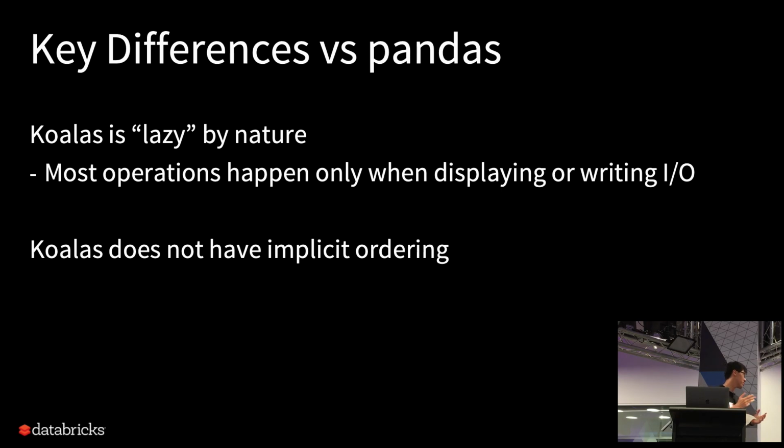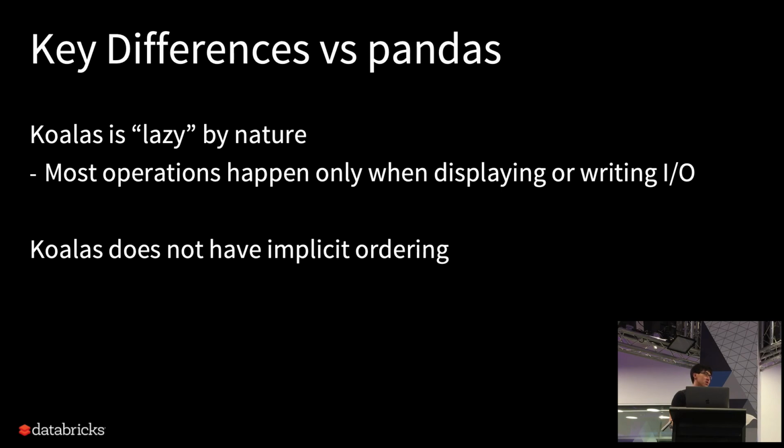There are some big differences, I think, between Pandas and Koalas, and some of it is out of necessity. One of the things is that Koalas is actually lazy by nature. Although you probably can't tell, because it looks like data is being rendered every time in the Jupyter Notebook.